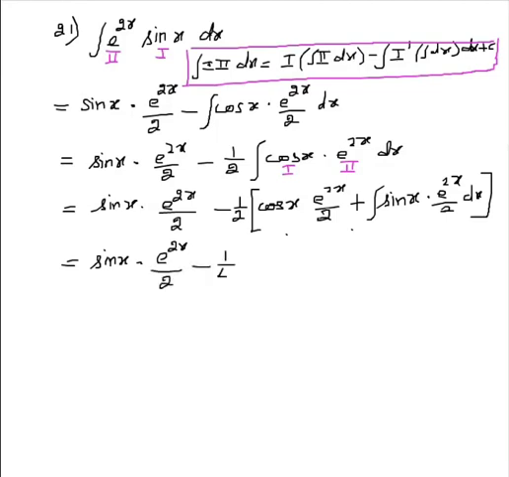Distribute this half. 1 by 4 cos x into e power 2x minus 1 by 4. I can write this integral sin x e power 2x dx as I. If I take the given integral as I, so on the left hand side I have I, on the right hand side also I get I term, but the coefficient is different.